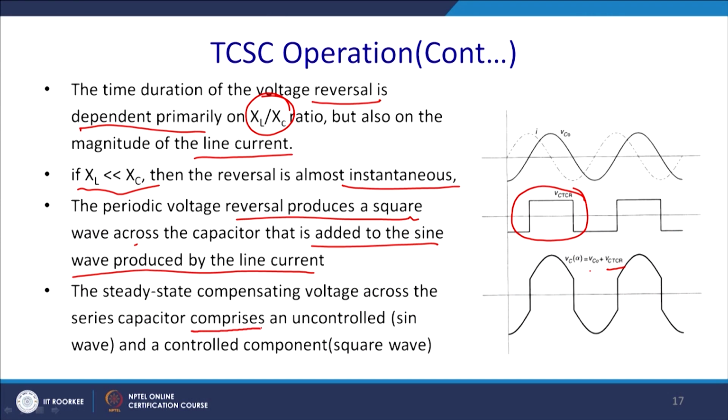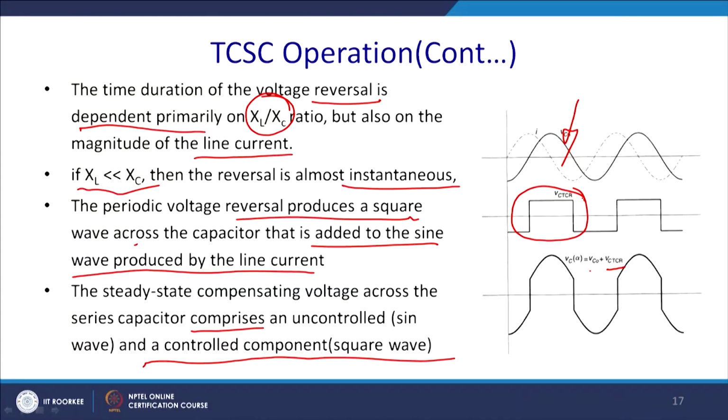The steady state compensating voltage across this series capacitor comprises an uncontrolled sinusoidal wave and the controlled component of the square wave. So, this is the Vc0 and that is uncontrolled, and this is actually VCTCR that is controlled. This superimposition makes it actually Vc alpha.